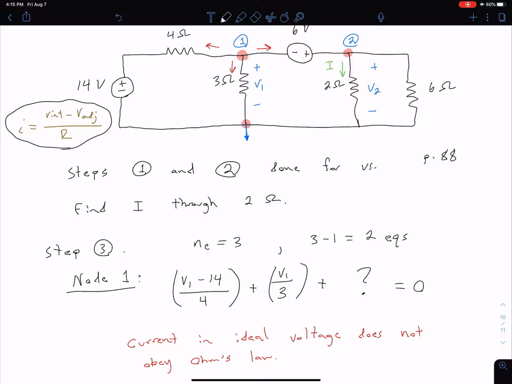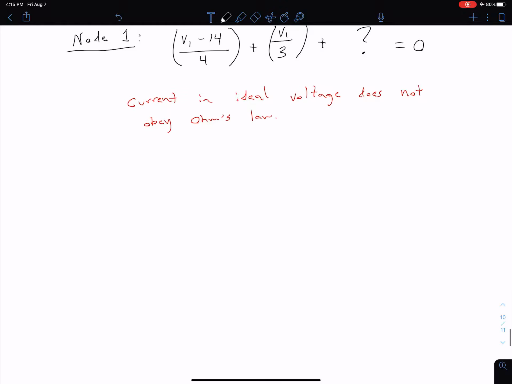The answer is we can define what's called a supernode. So our solution is to define a supernode that combines nodes 1 and 2, which are on either side of the voltage source. I'll draw it out in a second, and hopefully that'll help it make more sense.